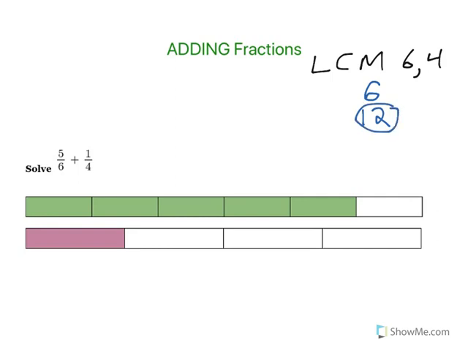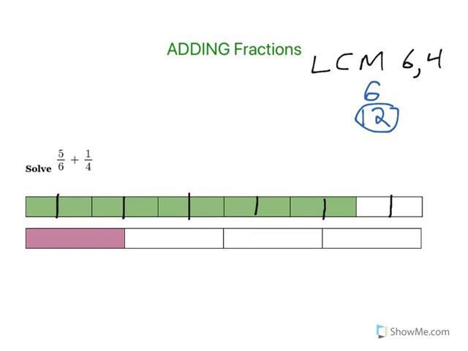So before we actually look at the calculation, let's think about it visually. If I'm looking at my top one where I have 5/6, I want to change this into 12 equal sections. I can do this by separating each of the sixths into 2 equal parts, because 2 times 6 is 12. So we can separate each of those into equal parts.